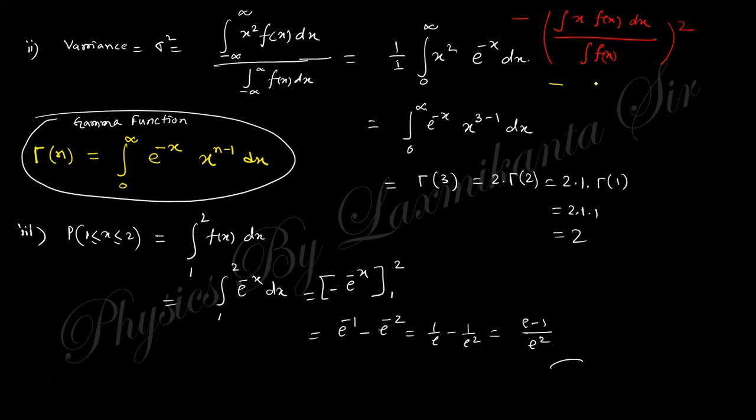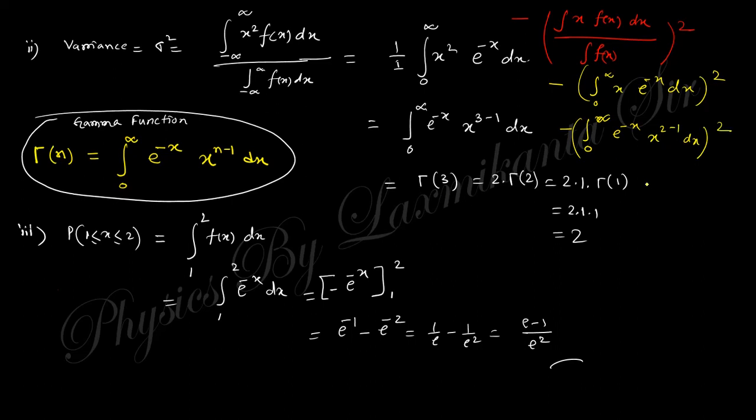Minus this, this is nothing but the total, so this is 1, no problem. 0 to infinity x f of x, where f of x is e to the power minus x dx. So you can write this as 0 to infinity, and whole square, this is also whole square, 0 to infinity e to the power minus x, x to the power 2 minus 1 dx, whole square.